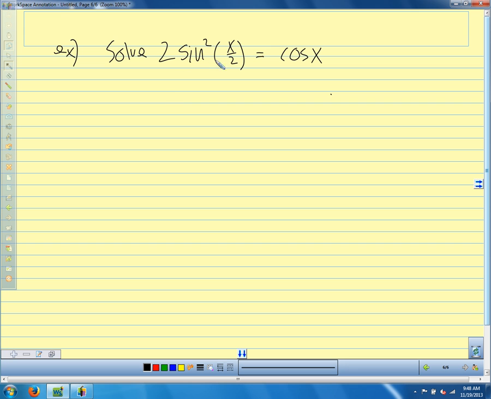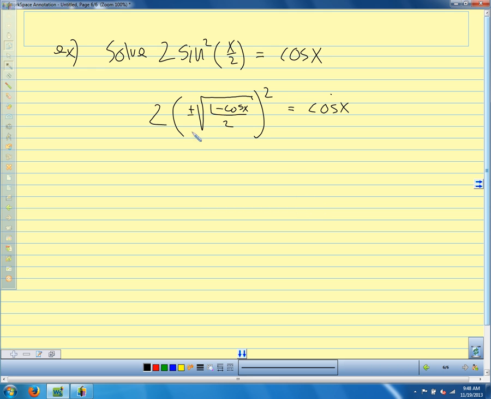So I'm going to substitute in for sine of x over 2. So this is 2 times plus or minus the square root of 1 minus cosine x divided by 2, squared. This quantity is the sine of x over 2, and I have to square that whole thing. And that equals cosine x.